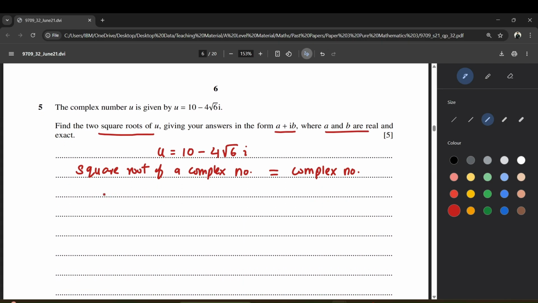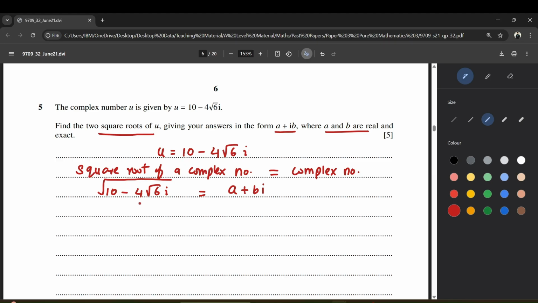So if I take the square root of 10 minus 4 root 6 i, then my answer will be in the form a plus bi. We don't know what is a, we don't know what is b.